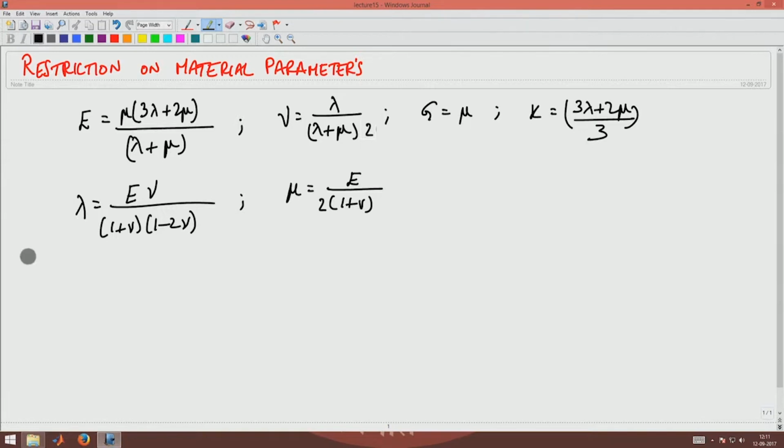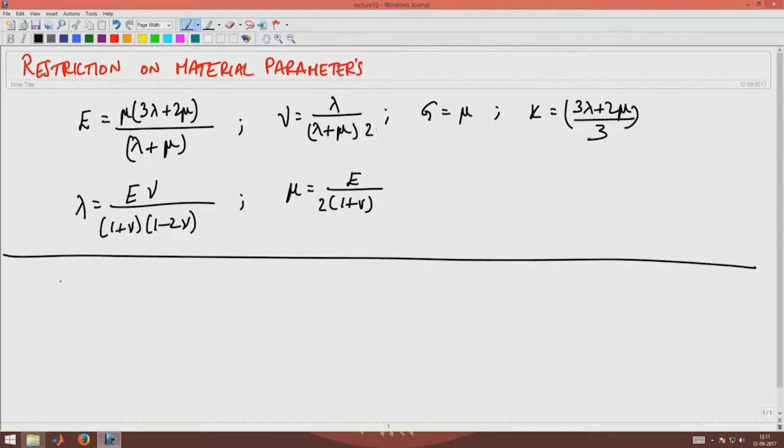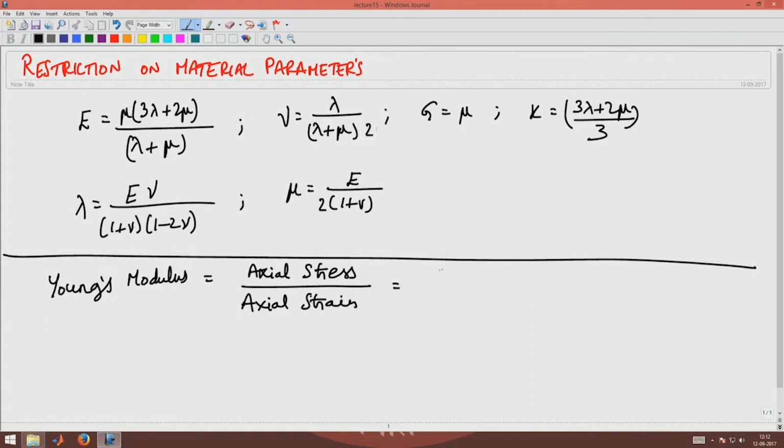Now what we define for the Young's modulus is, we define the Young's modulus as axial stress by axial strain, which was P by A into delta B into L, right. Now L is positive, A is positive.